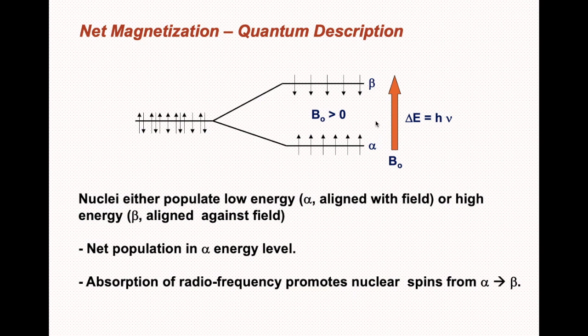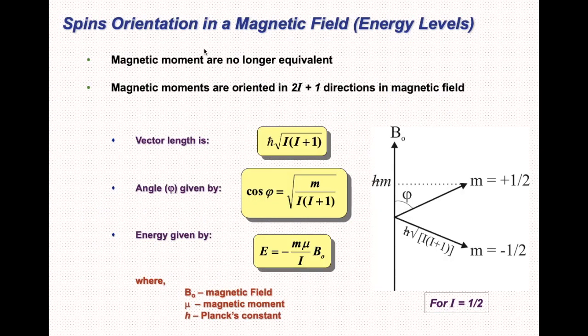Then when you shine radio waves whose frequency matches the energy separation between these two spin states, alpha spins will make a transition to the beta spin state by flipping their spin, and accordingly we observe an NMR signal in the NMR spectrum. Let us discuss a few more fine details about the quantum mechanical description of nuclear magnetic resonance.